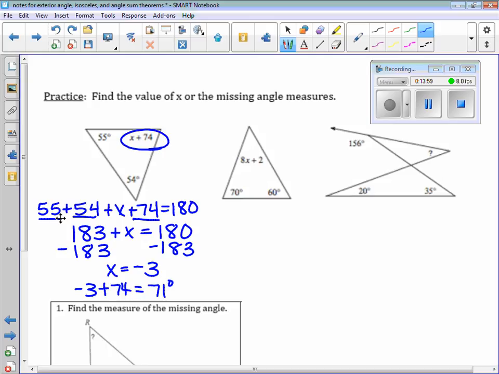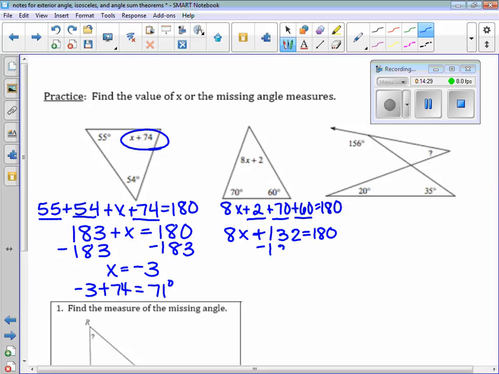Looking at the second one, we have the 3 angles of a triangle, and we know that the 3 angles of a triangle add up to 180. 2 plus 70 is 72, plus 60 is 132. 8x plus 132 equals 180.